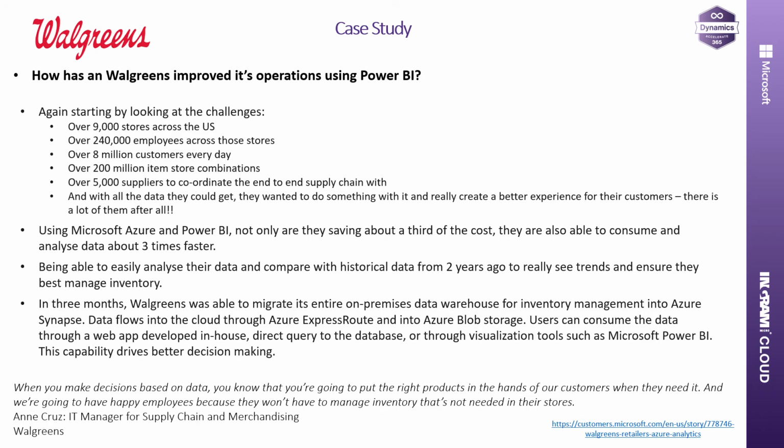Users consume the data through a web app developed in-house, direct query to the database, or through visualization tools such as Microsoft Power BI. This capability is driving better decision making, and they were able to do that in 3 months with such a massive operation with all the data they had. It's amazing. The value we can add to end customers utilizing Power BI is brilliant, and I think it speaks for itself.